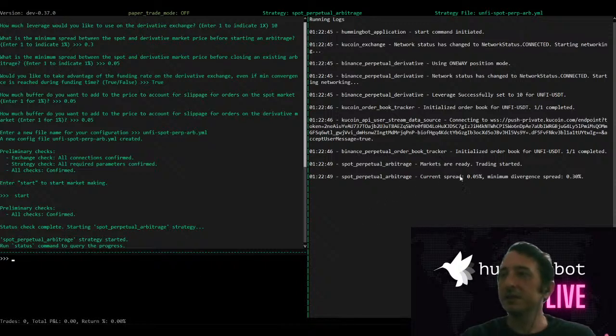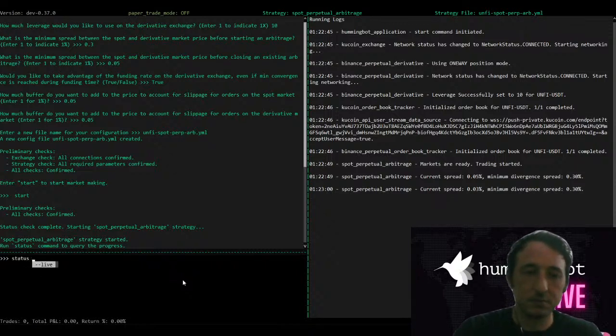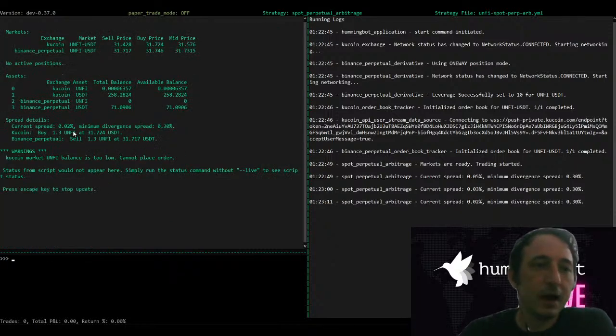As you can see here, it starts to monitor what the spread is and what the difference is from the spread you want to execute. If you take status live, you can show in real time how the spread is changing.